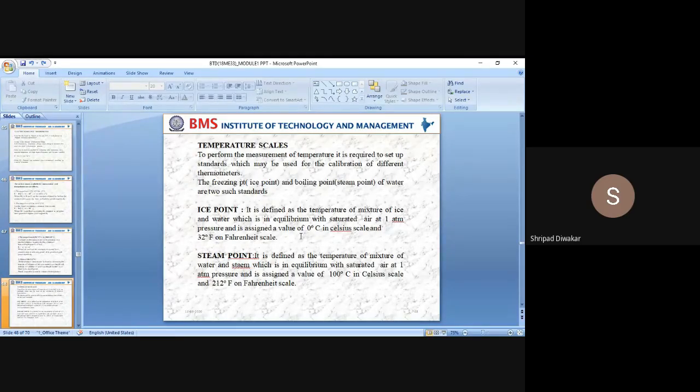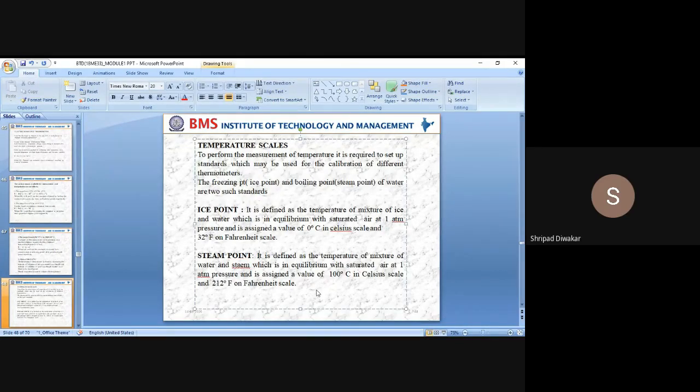And already we know the lowest point on the Celsius scale is 0 degree Celsius and 32 degree Fahrenheit on the Fahrenheit scale. So based upon this, we are going to define one more standard fixed point called steam point. Already you solved problems knowing the ice point and steam point in Celsius scale, Kelvin scale, and Fahrenheit scale.